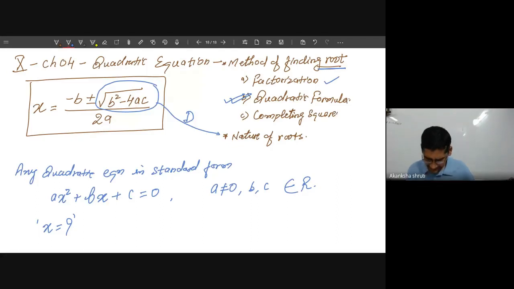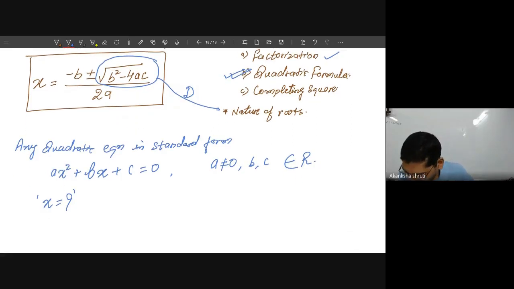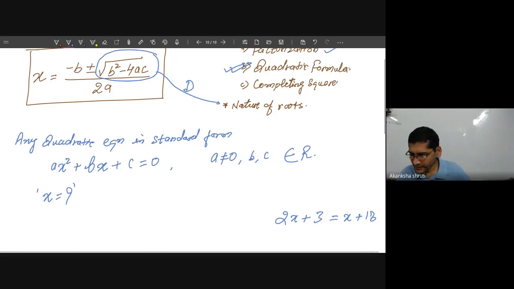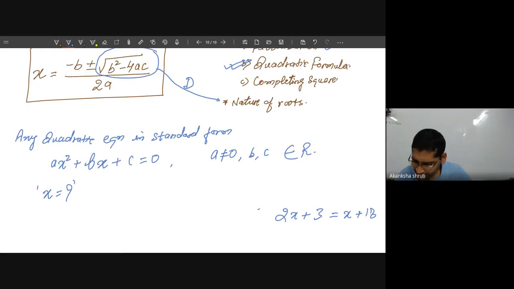Now the other one is called the quadratic formula method. Students, you know that if we have, say, 2x plus 3 is equal to x plus 18, then how do you calculate x? In this case it is linear.